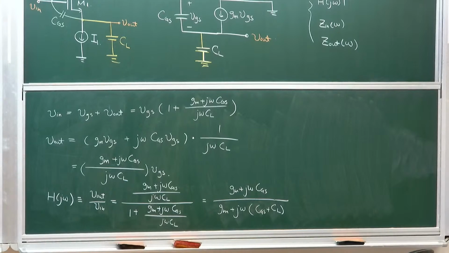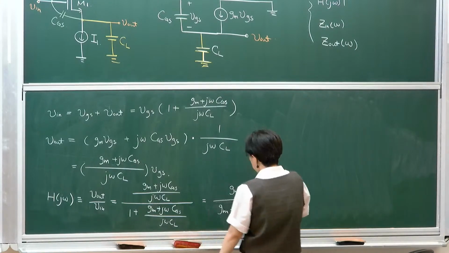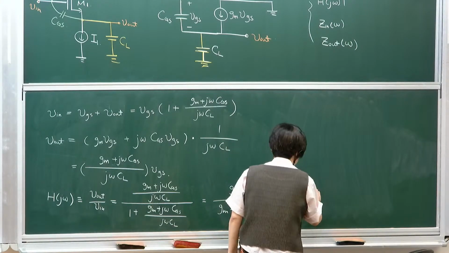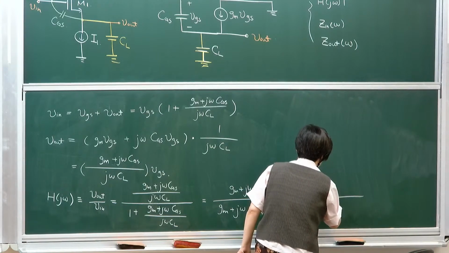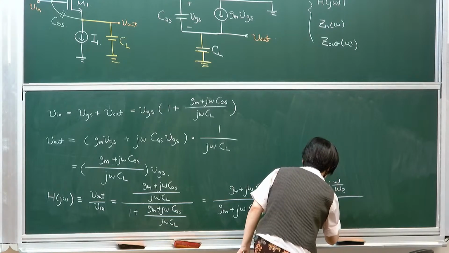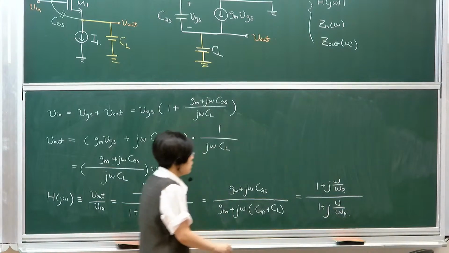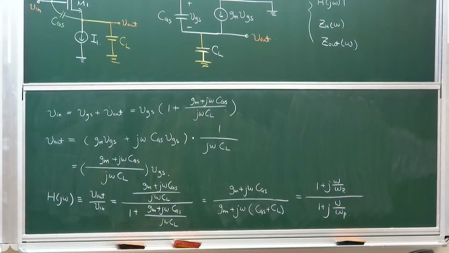Something like that. As we have already done in most cases, we want to put it in terms of zeros and poles. If you do some rearrangement and divide both terms by gm, you get (1 plus j omega over omega Z) over (1 plus j omega over omega P). There is one pole and one zero in the transfer function of a source follower circuit.